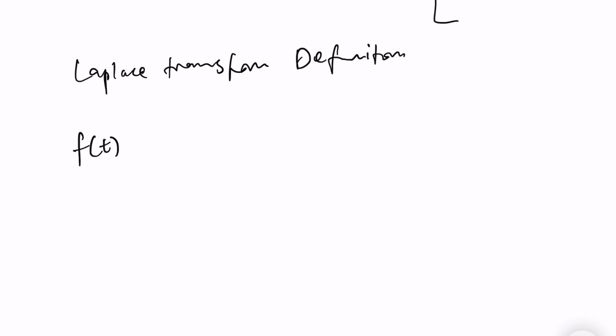So ft is in the time domain, that's why it is in time domain. It is defined for all t greater or equal than 0. It is given by, maybe you can just try to memorize this formula.